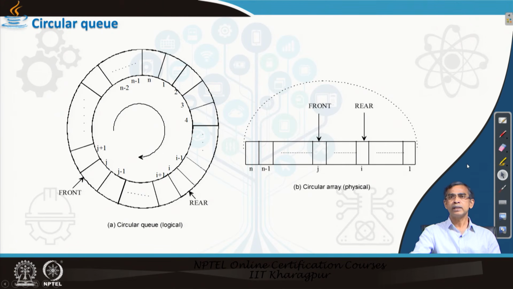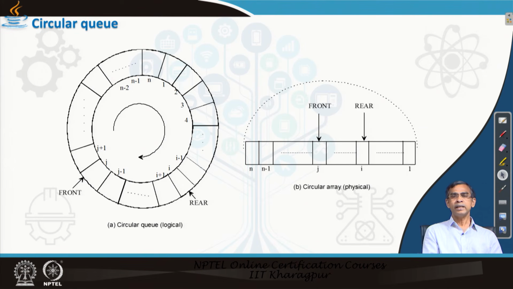So this way front and rear, instead of stopping at the end, can loop around in a circle. If we follow this kind of logic to represent a queue, then this structure is called a circular queue, and logically a queue will look like a circular ring. For this circular queue you can decide whether the queue is empty or not.